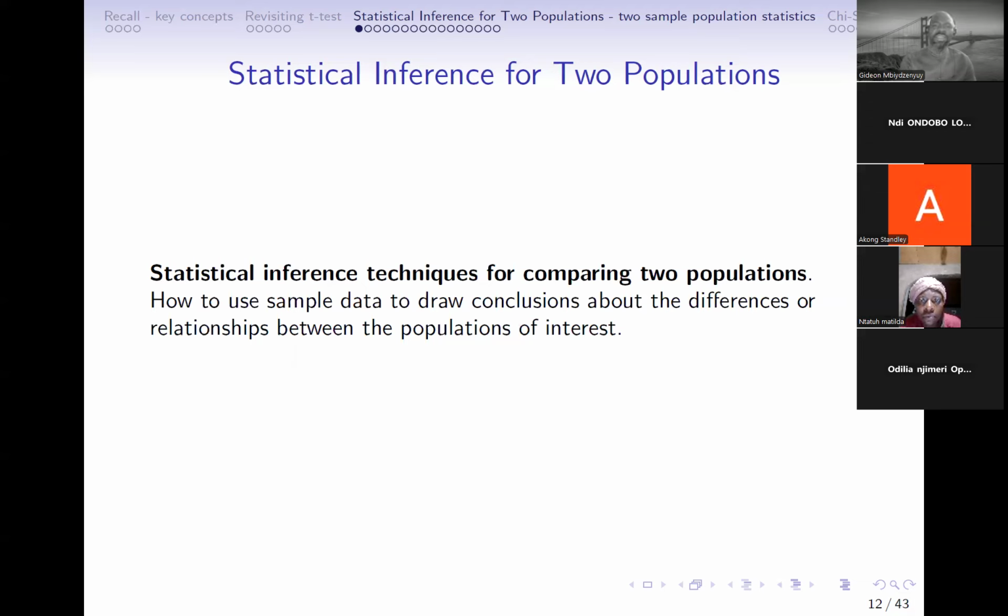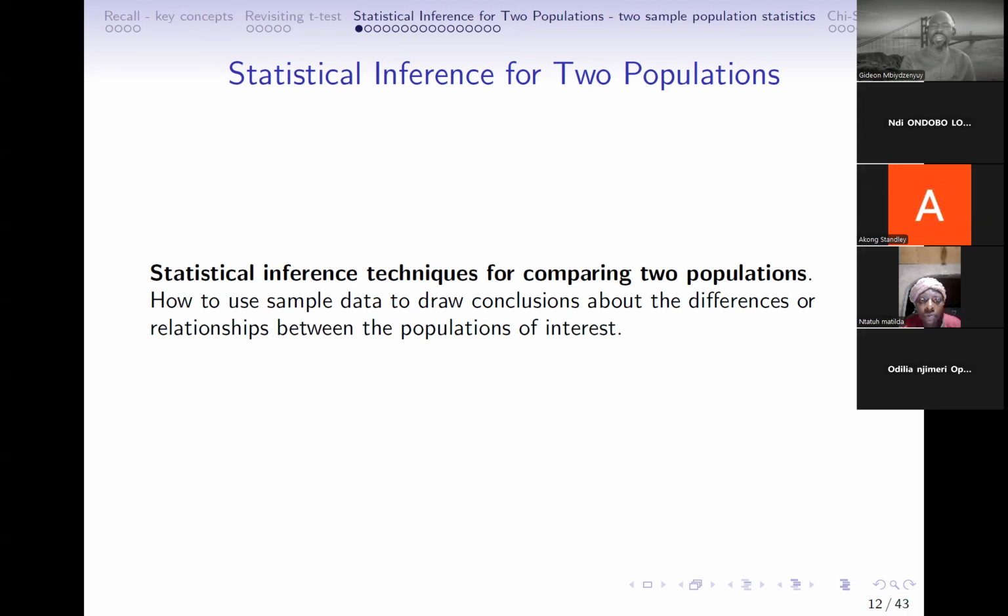We are interested. How do we then do approximations when we have more than one group? How do we establish the inference in order to either compare the two groups or understand whether a certain thing or a certain technique or a certain behavior seen in one group can be approximated to the other?